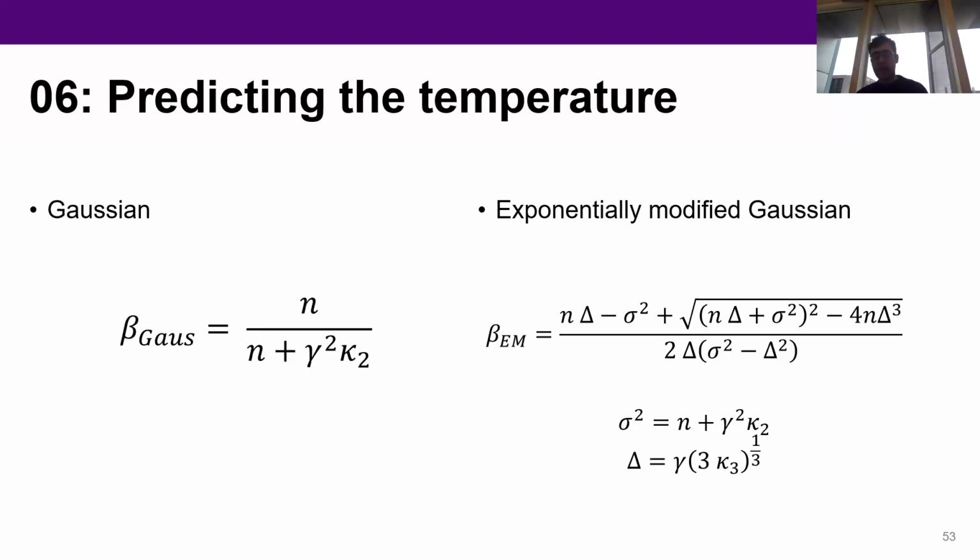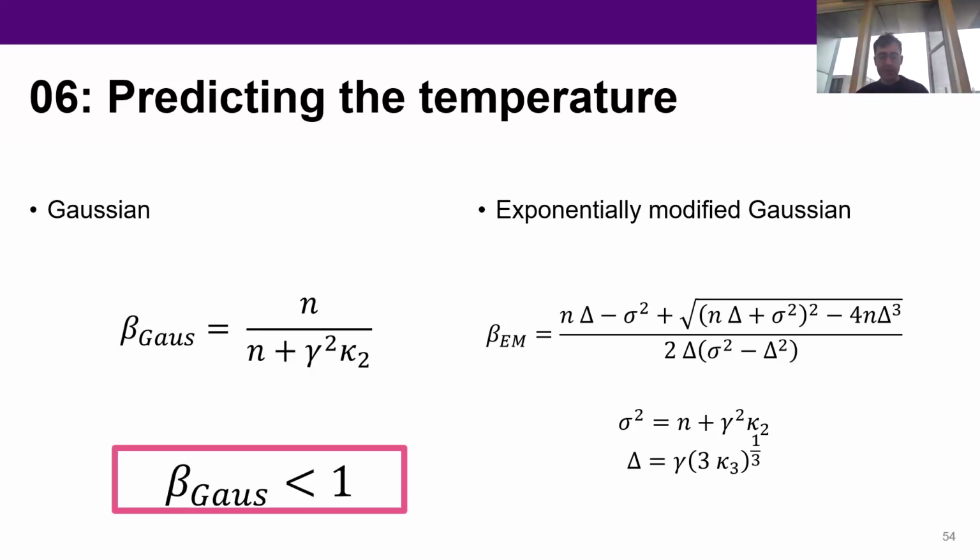So focusing on the Gaussian case for a moment, we can see that the inverse temperature is always less than 1, hence the temperature is always greater than 1, and continuous time quantum walks are hot. A similar thing holds true for the exponentially modified Gaussian.